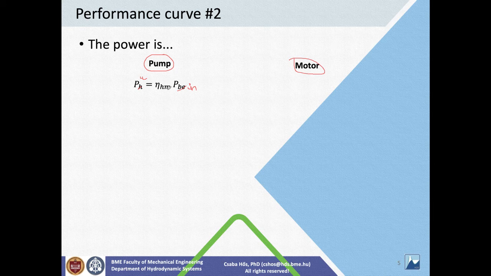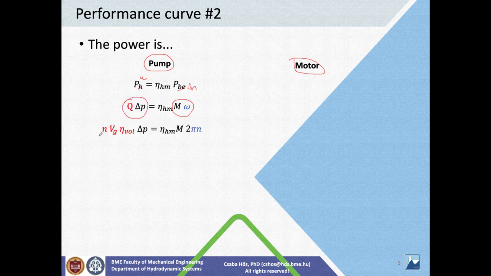So HM stands for hydromechanical. So useful is efficiency times input power, and if you have a pump, then your input power is mechanical power, so torque times revolution number, while useful power is hydraulic power, so Q times delta P.